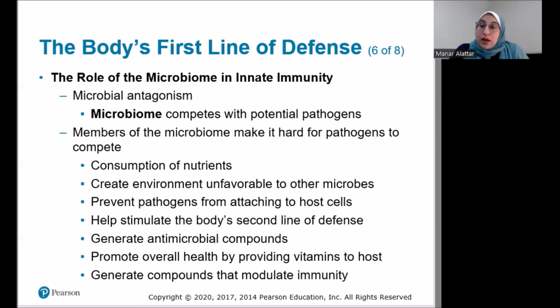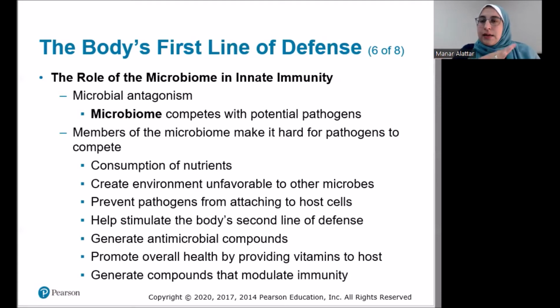They just kind of take up real estate within and on our body so that pathogens don't really have space to exist. They generate various types of antimicrobial compounds. They also are continuously testing our body's defense system, our immune system, so that the immune system is continuously looking out and vigilant for various types of microbiota.